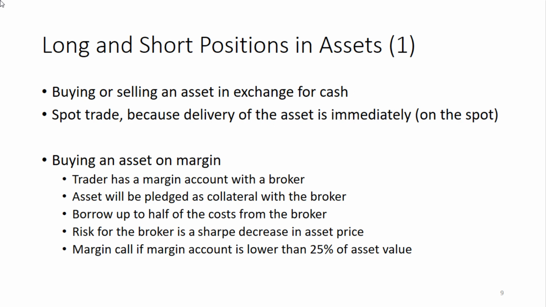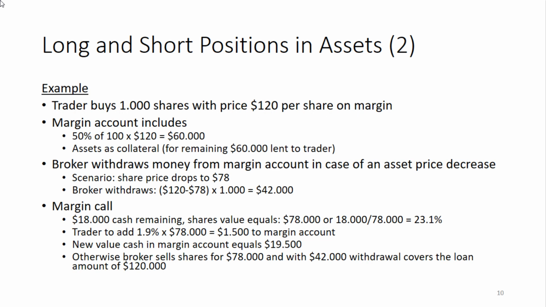Then, of course, it still needs to cover half of the sales price, because only half of the sales price was actually provided in cash. So the other half has not been provided in cash, but may be provided later in cash. So that's the risk for the broker, and that's why the margin account will be increased. There will be a margin call if the value is too low.